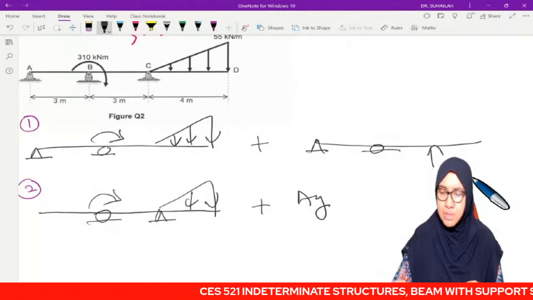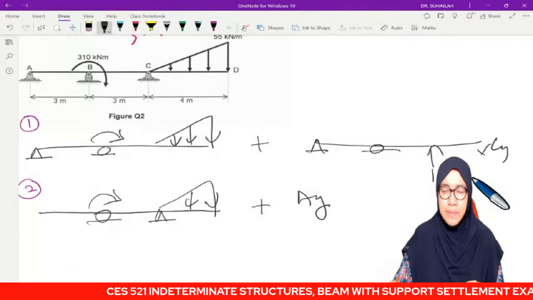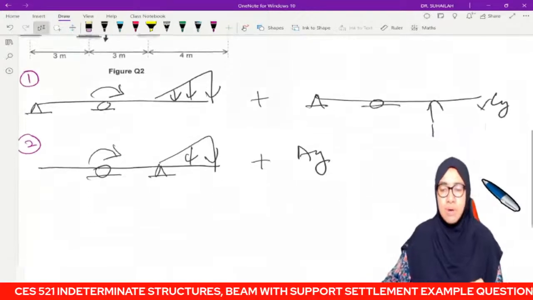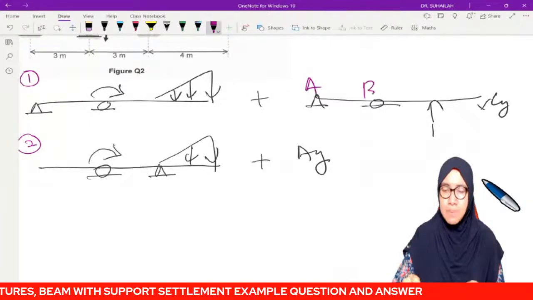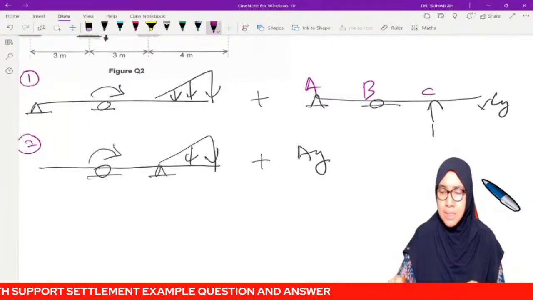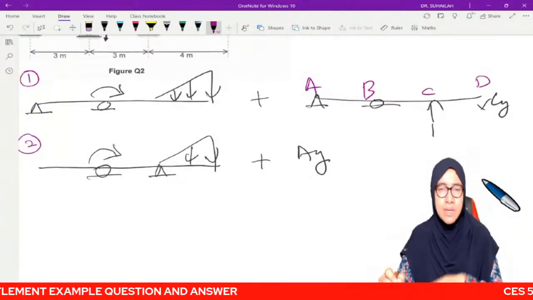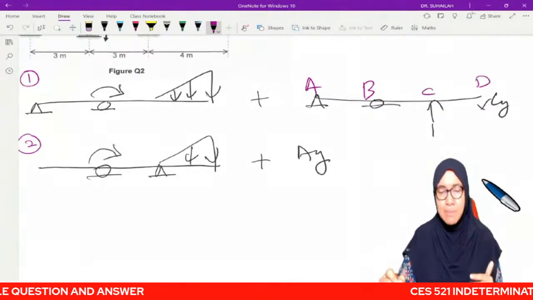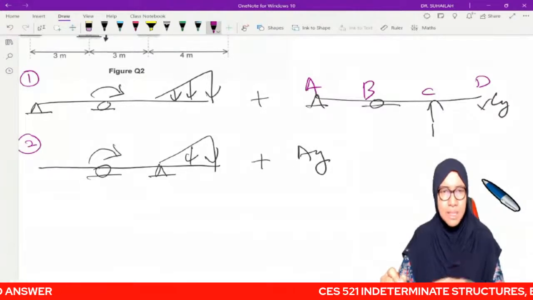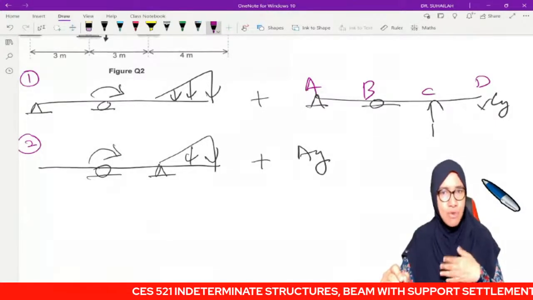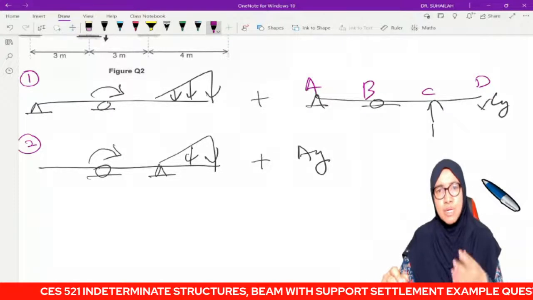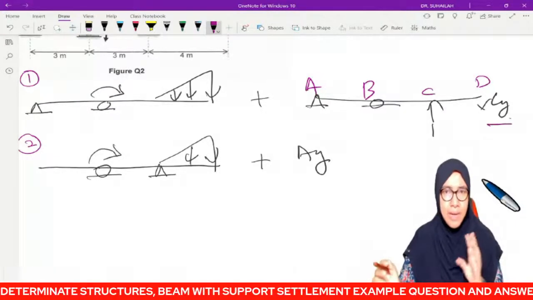So we have a unit value of CY. Because we have to remain the same ABCD beam, we have the same type of beam as the primary beam, but we remove all external load and we put a unit value of CY.